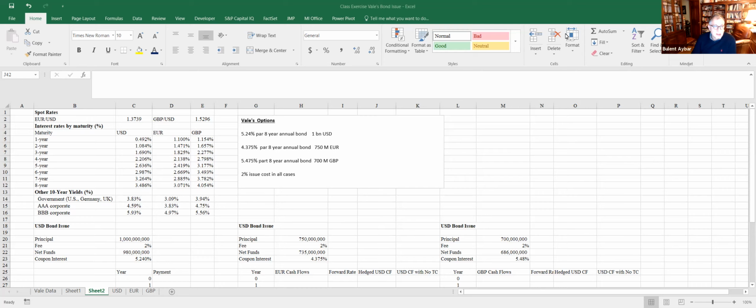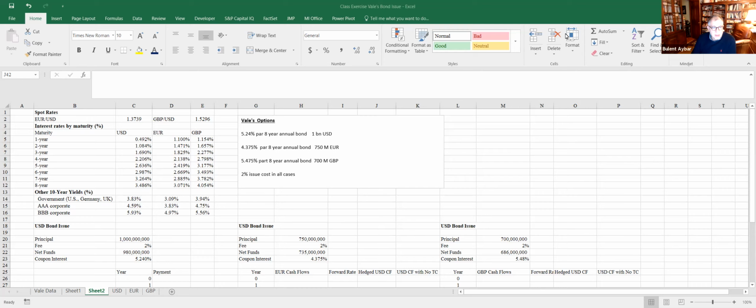So 2 years out, $1 that is invested today is going to grow into 1 plus 1.084% to the power 2 in 2 years. So we should consider these interest rates when we consider the forward rate calculations.